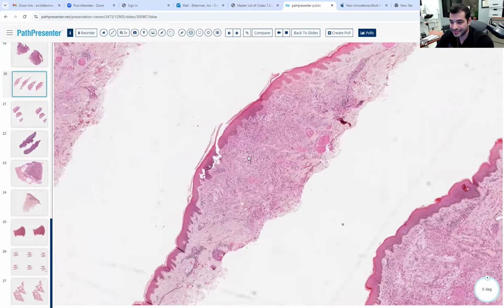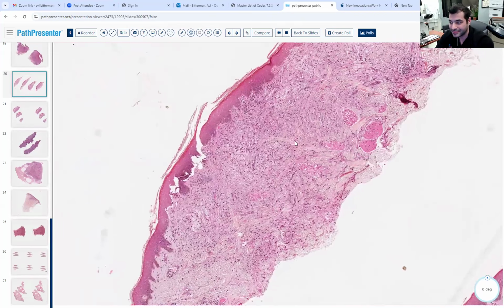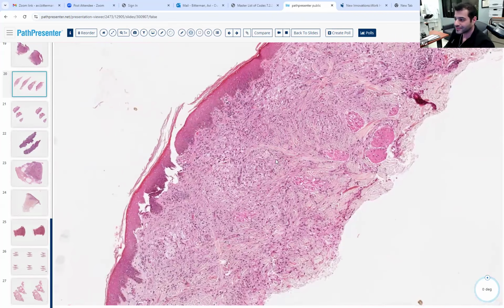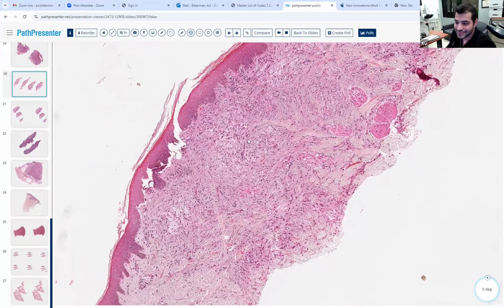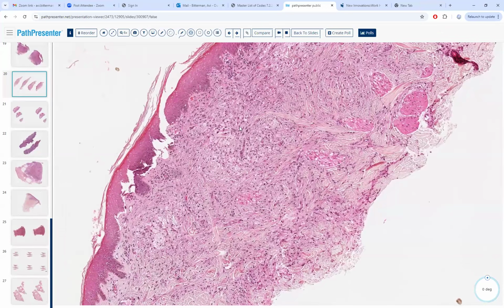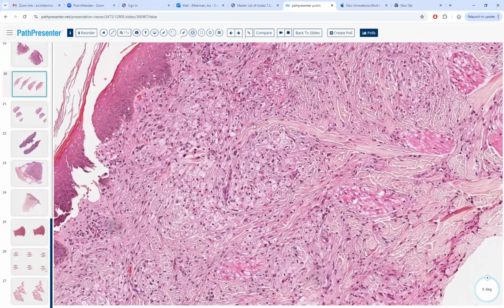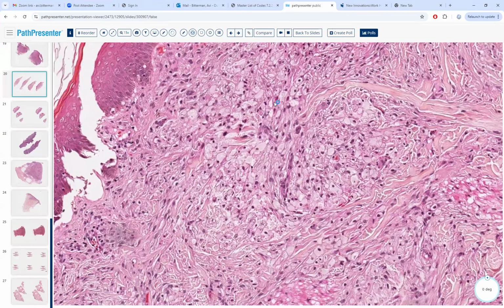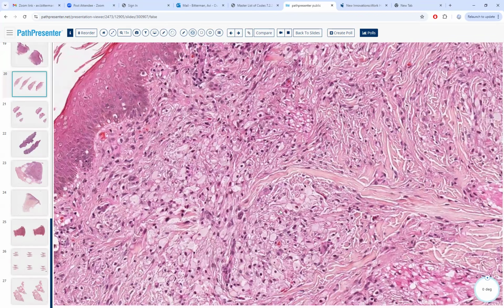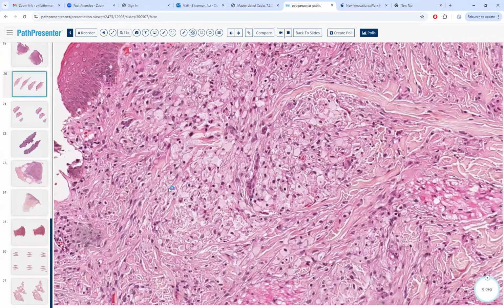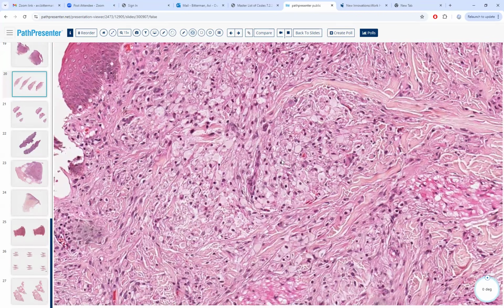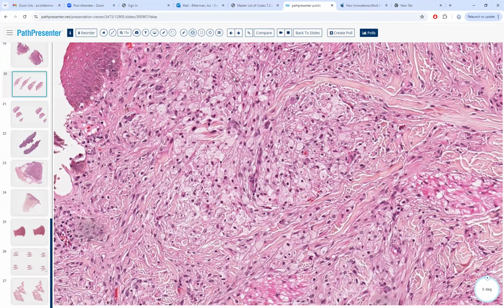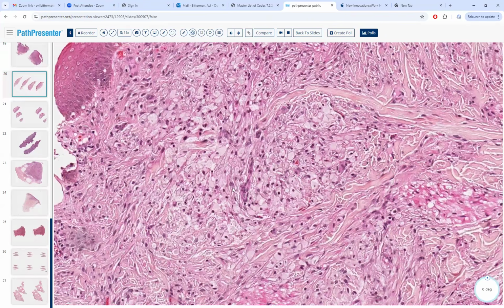What about this one? Shave again with a histiocytic infiltrate that looks interstitial. There are some different cell types here, it seems. Are there foamy cells? They're very foamy.